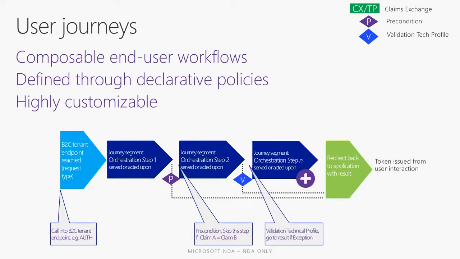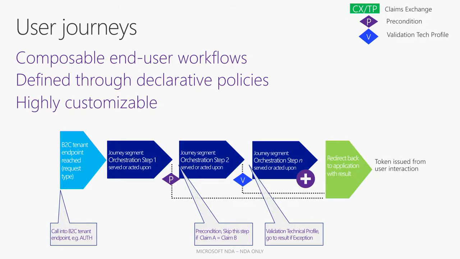So there is also this concept of preconditions. A precondition before a user journey step specifies whether that user journey step should be executed or not. It's similar to a conditional statement in a programming language, except that we don't have blocks of conditions, we just have one condition per step, or a set of conditions per step, not a block of steps.